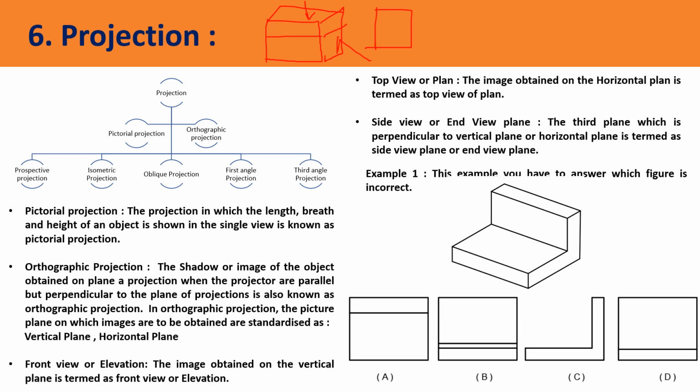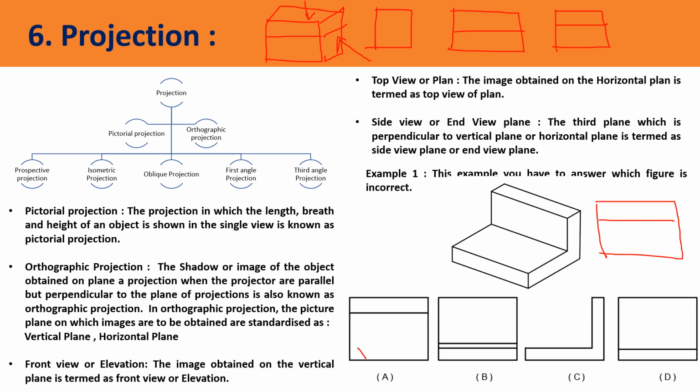If I look from the right side, it is going to look like this. If I look from the front side, it is going to look the same. In this you have to select which is the incorrect answer. If we make a plan out of it, it will look somewhat like this.